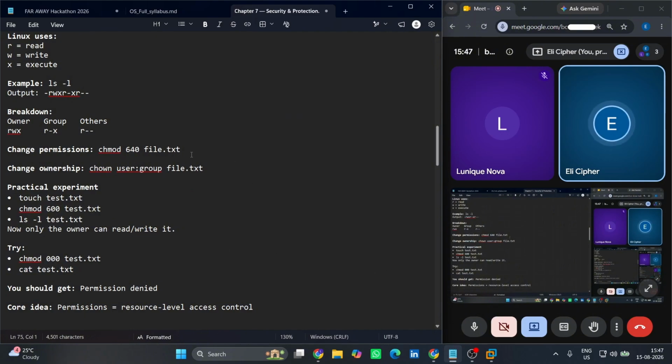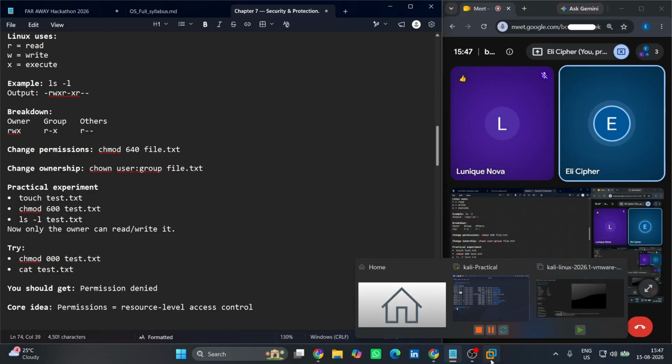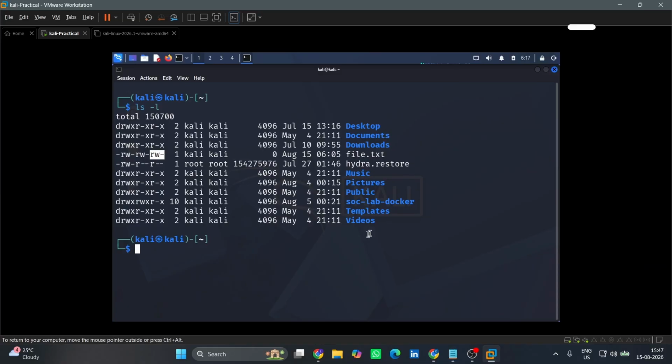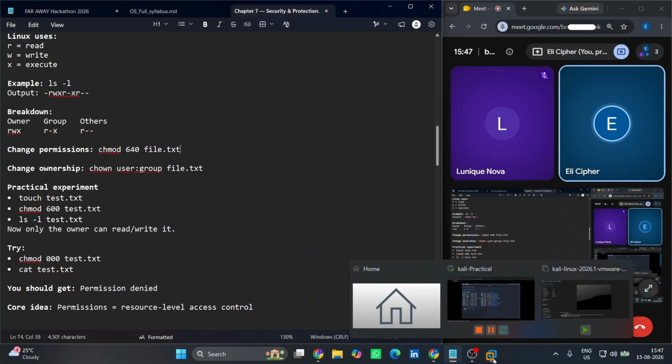Now is it clear or not? Is it clear? Okay. So let's try one more thing. Here is file.txt, right? Here is the 666 permission using the chart. Now I want to remove the write permission from the group and from other users, right?